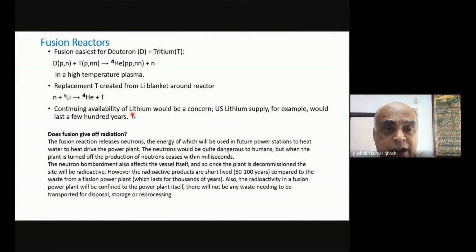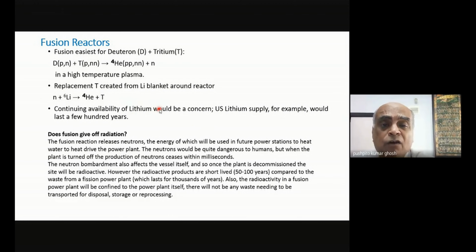If we can do it, then we would have solved this problem. And if not, then you've got a great technology, but you'll be starved for lithium. Unless some new way comes out to make tritium, we'll be all in a soup. All of this investment might go down the drain.